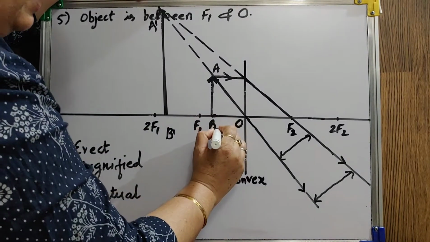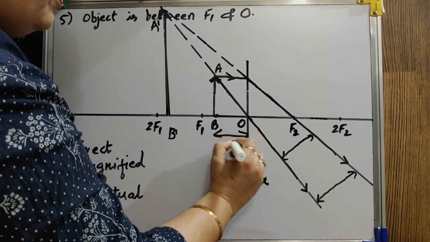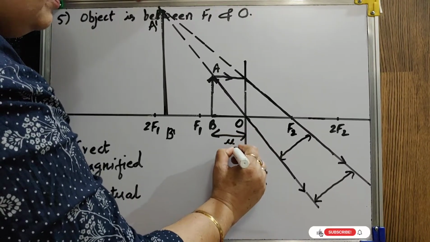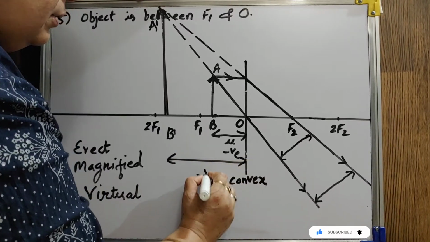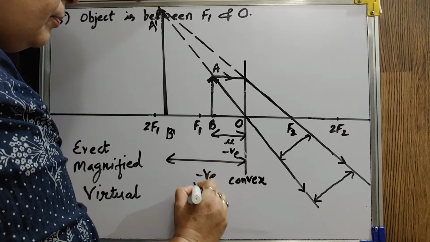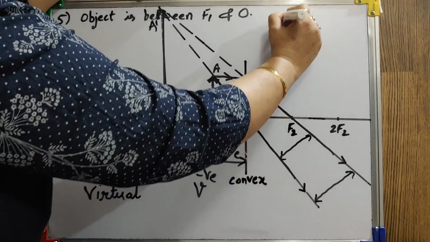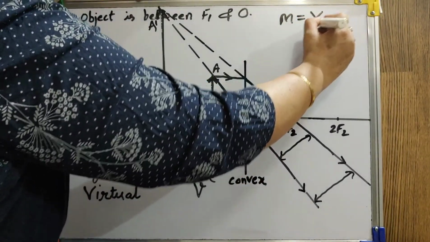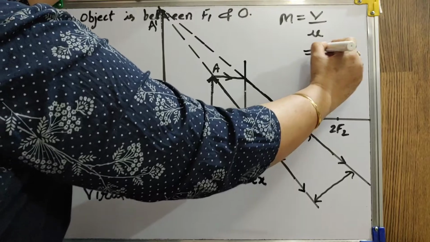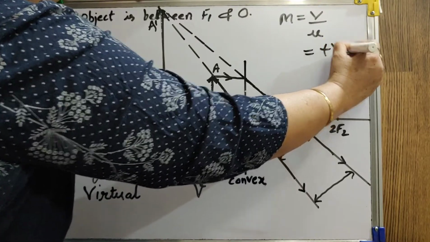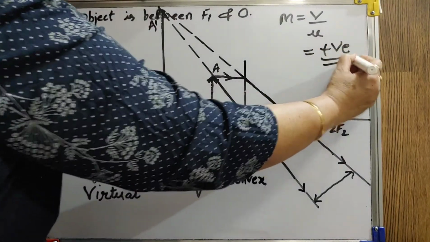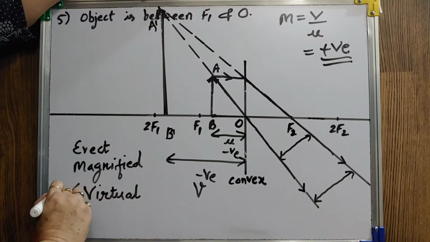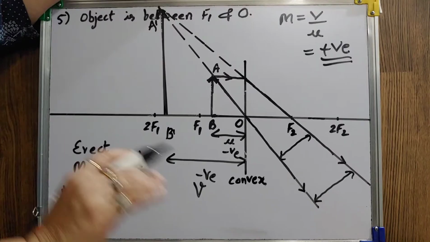Now, see, U is negative here and V is also negative here. So when you find the magnification V by U, both are negative, and the magnification is positive. If your magnification is positive, this indicates that our image is a virtual image.